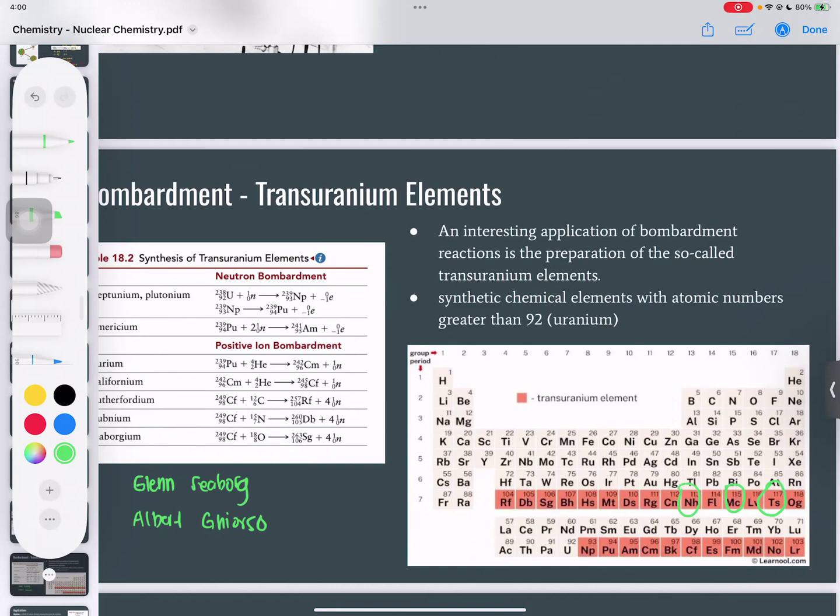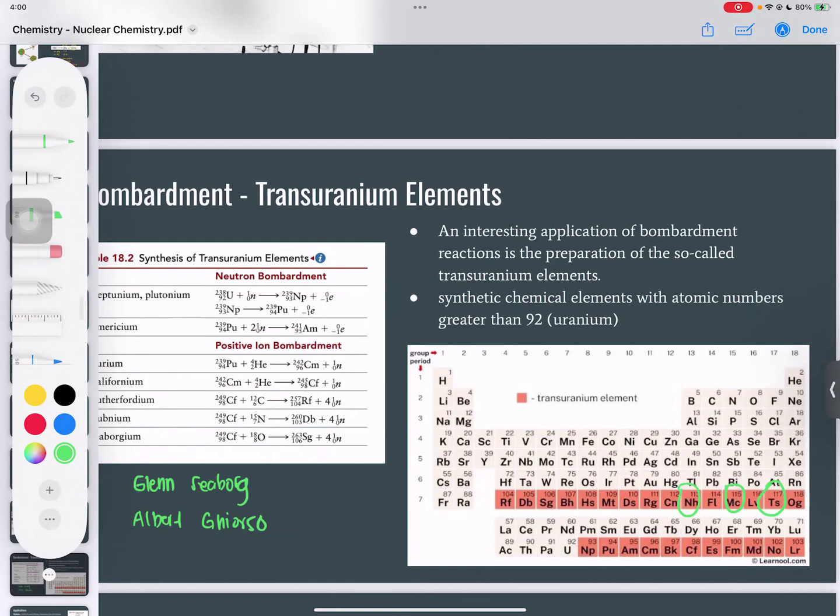So in October of 2006 as well, from the Lawrence Livermore National Laboratory, still in California, USA, together with a nuclear research institute in Russia, they detected element 118, which was before named ununoctium, but right now it is identified as oganesson in most periodic tables.